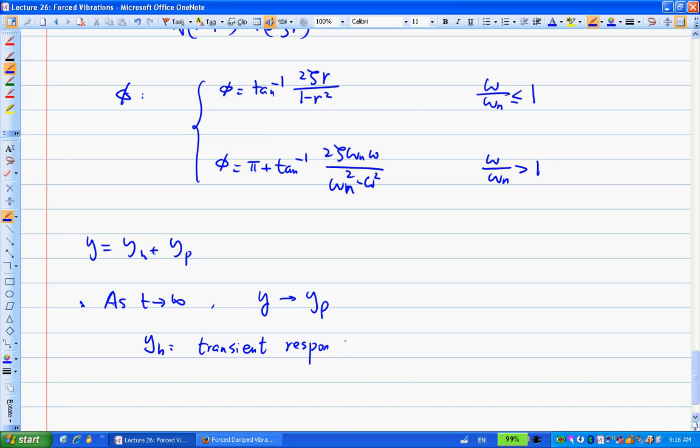Why is it transient? Because it doesn't exist all the time. It will disappear, right? That's a transient response. Then this yp is what we call the steady state response. So the name pretty much explains itself.